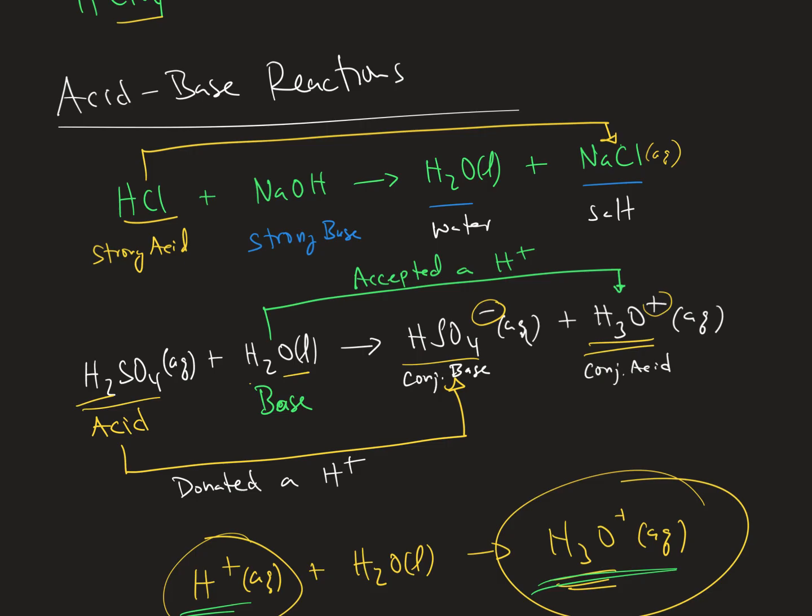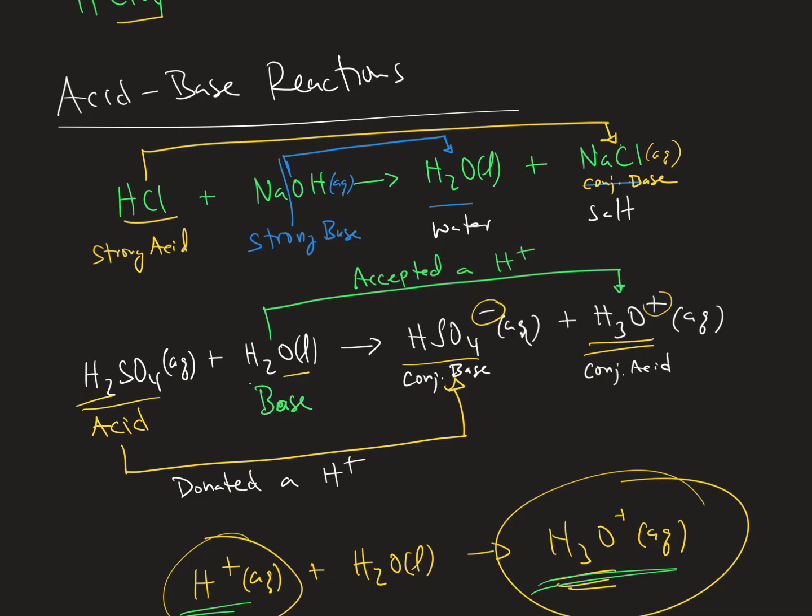So this is our conjugate base, because anything that has a negative charge on it is a base. And this, our base, which is NaOH, turns into, oh, does that turn into water? If it gains a hydrogen ion? Remember, this is aqueous.